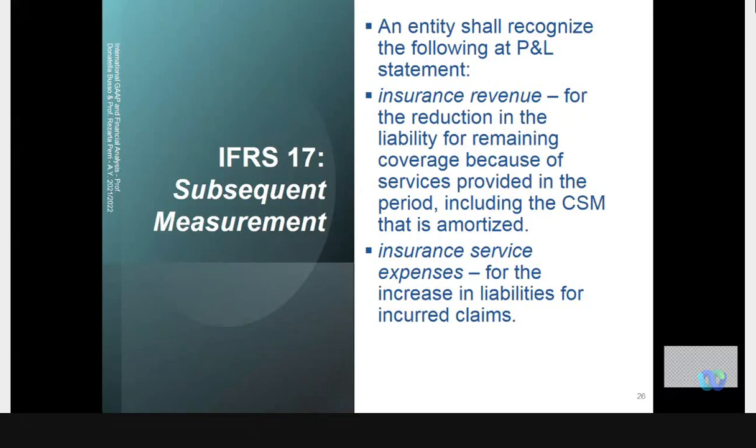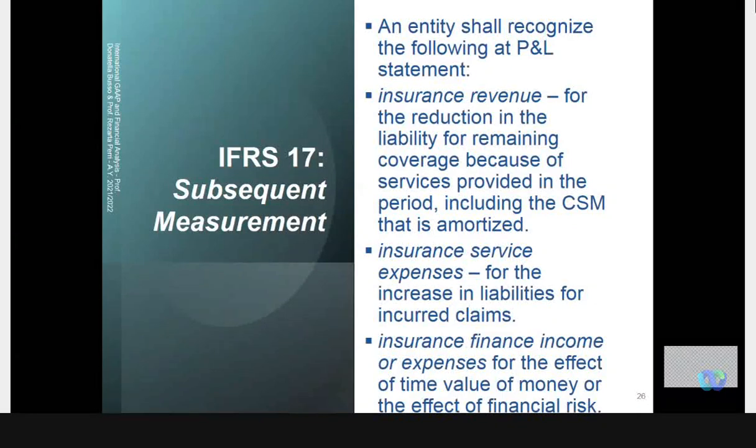That is the service expenses for the insurance, but we have another component, and that is the finance income or expenses. The finance component arises because we have considered the cash flows discounted, or we have taken into account the time value of money. Actually, if we do not take into account the discounted value of cash flows, or the time value of money, we would not have insurance finance income or expense.